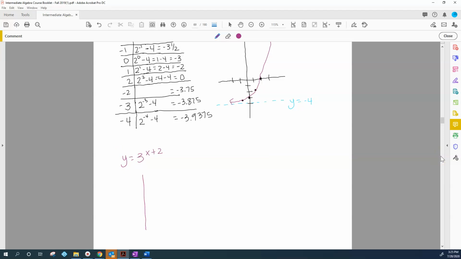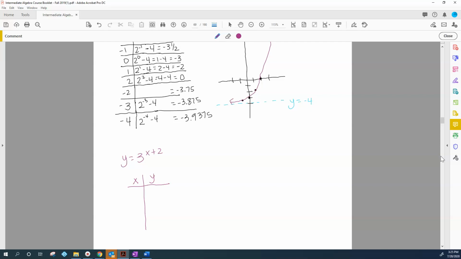Right. And so sometimes students are wondering, how do I know what good values to choose for my x's? Well, when you have an exponent, like the x plus 2 is all part of the exponent, a good rule of thumb is to use what would make that x plus 2 part go to 0.